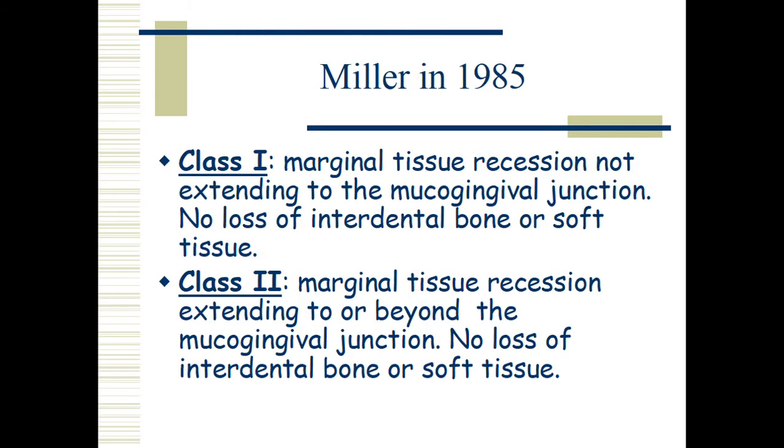And according to Miller, the classification was proposed in 1985. Class 1: marginal tissue recession not extending to mucogingival junction and no loss of interdental soft tissues. Class 2: marginal tissue recession extending to or beyond the mucogingival junction and no loss of soft tissues and interdental bone loss is not there.